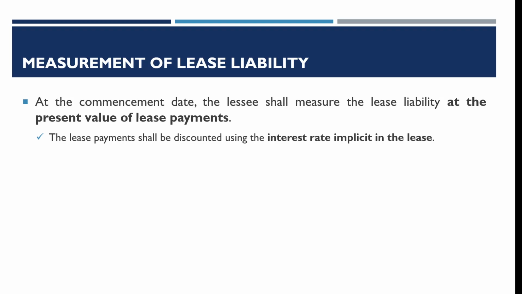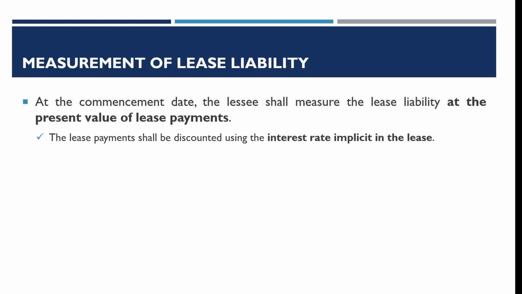Sir, ano ba itong interest rate implicit in the lease? Bakit madalas siyang nababanggit sa mga lease problems? Okay. Ang interest rate implicit in the lease kasi, yan yung interest rate na magpapa-equal sa present value ng lease payments sa sum ng fair value ng lease asset at ng initial direct cost.